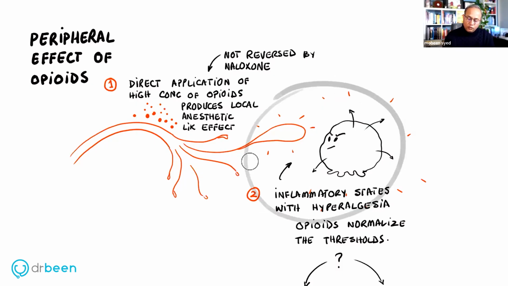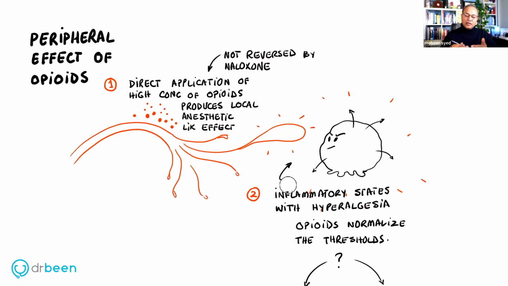So how opioids, when given in local inflamed tissue, help that person have a reduced feeling of pain in that tissue is not really known. But the two possibilities are the nerve endings and the effect of opioid on them, or the immune cells and the effect of opioids on them. This is the discussion today.